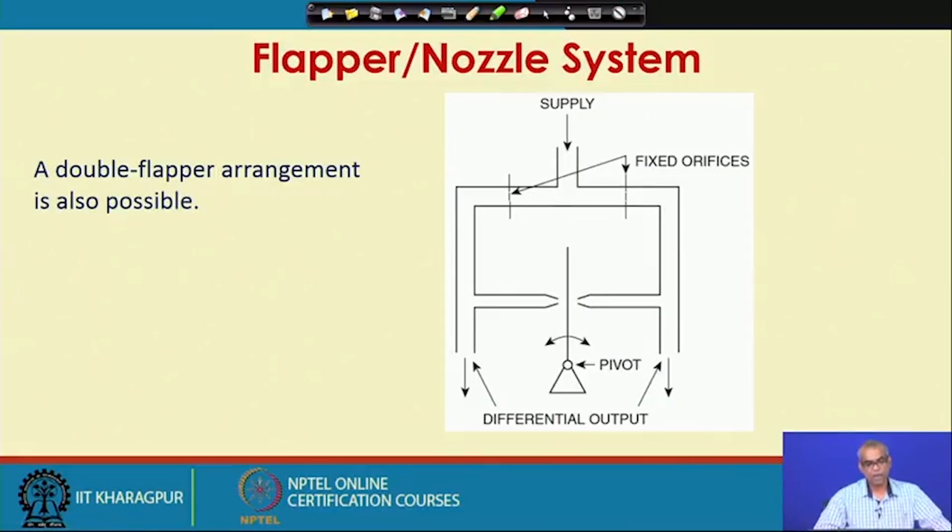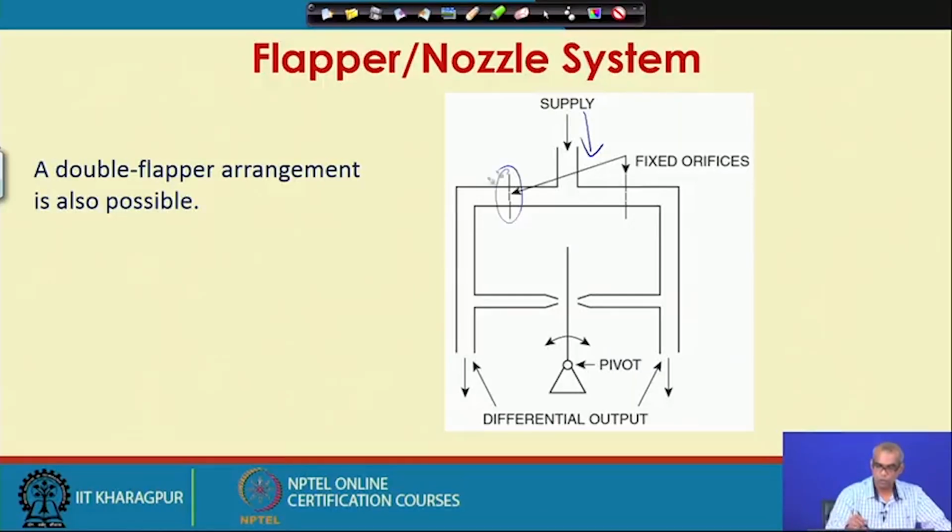A double flapper arrangement is also possible. As of now, we have seen only a single nozzle, so it is also possible to have a double flapper arrangement. Your supply pressure is this.